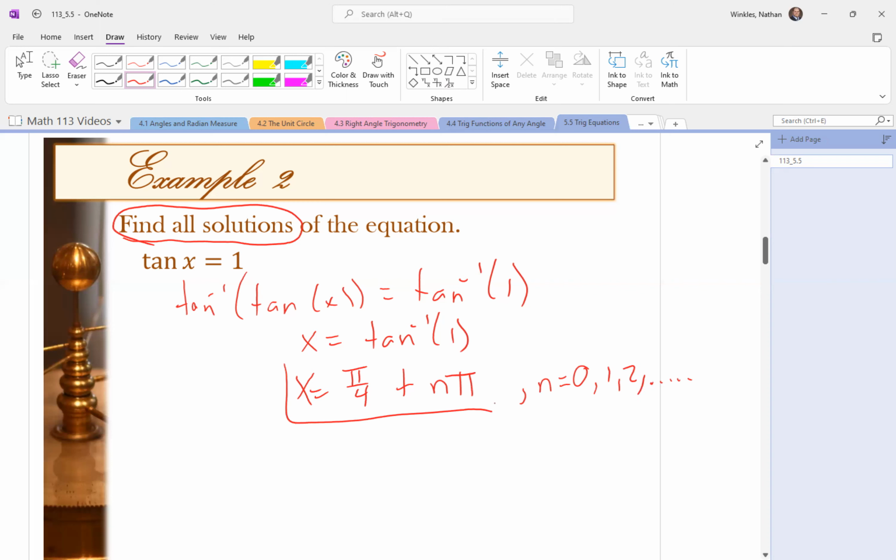So our answer is x equals pi over 4 plus n pi. Anytime it says all solutions, we're going to have some type of n pi or 2n pi inside there.